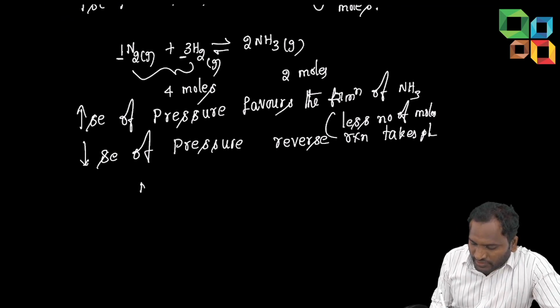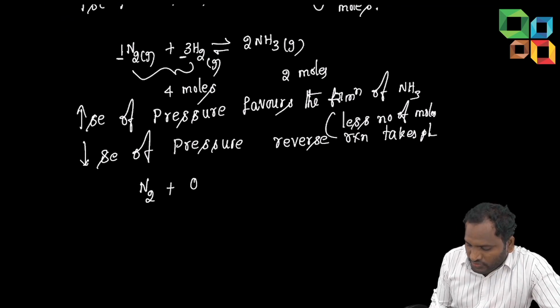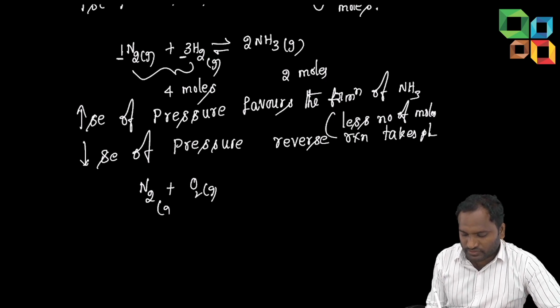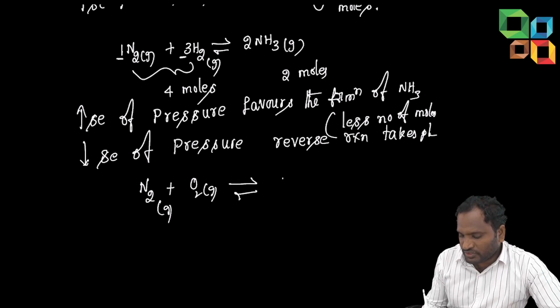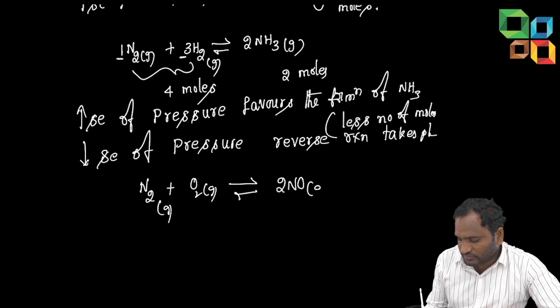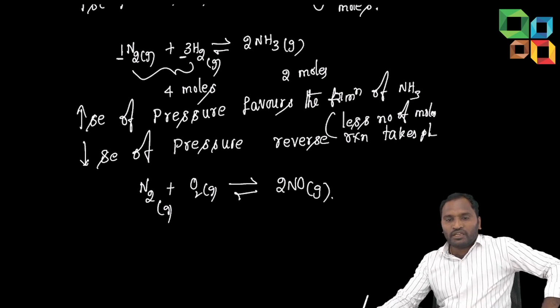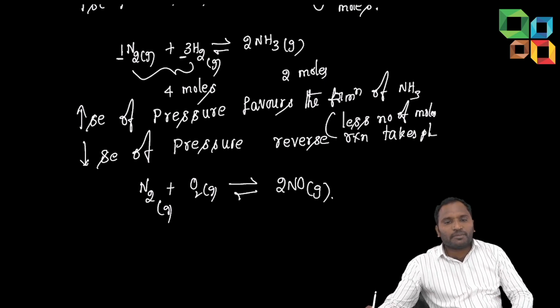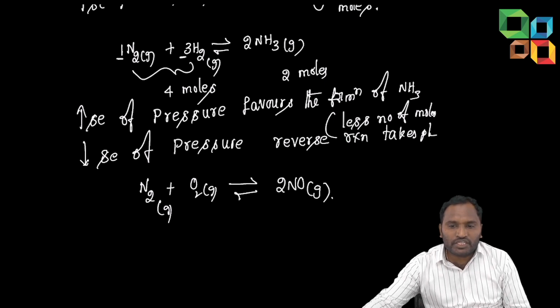Next, N2 plus O2 gas, both are gases, is in equilibrium with 2NO gas. Could you tell the pressure effect, students? If I increase the pressure, which side does equilibrium shift?